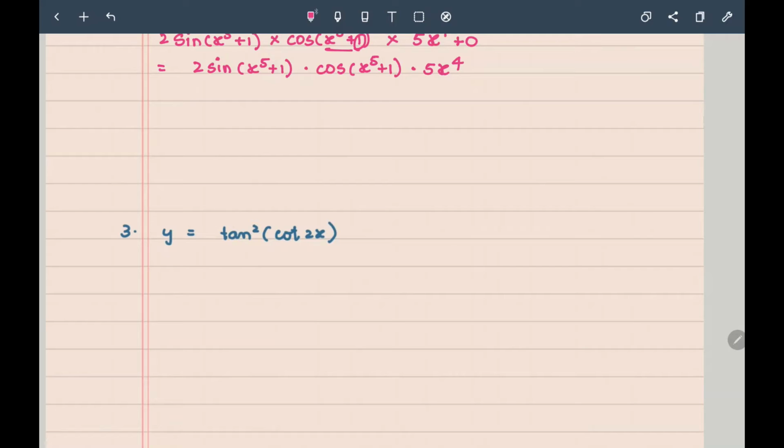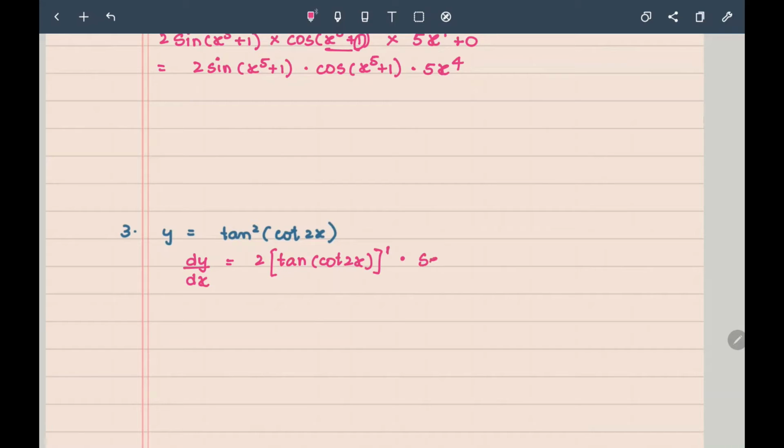So first what we do, we will solve the whole square. dy by dx is equals to derivative of square is 2 into tan of cot 2x. We have power 1, does not require to mention even, into, now we have to find the derivative of tan.